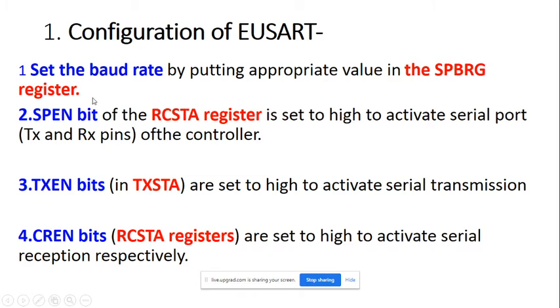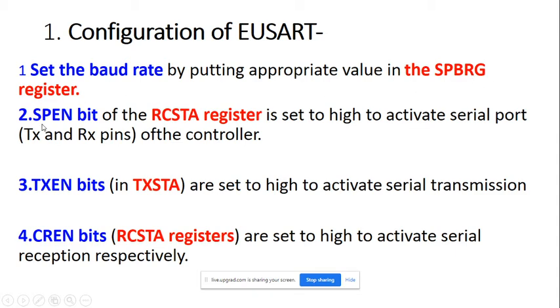I mean, there are different options we know: 1200, 2400, 4800, 9600, 19200. In this fashion a number of options are there. Out of that, whichever option we want, we choose that option, calculate the value of x, and that x value we put into the SPBRG, that is the serial port baud rate generator register.